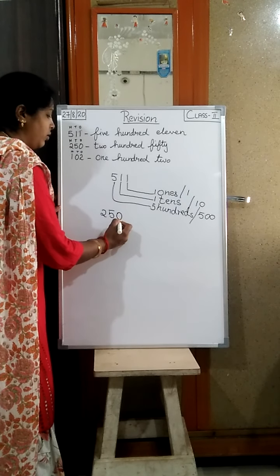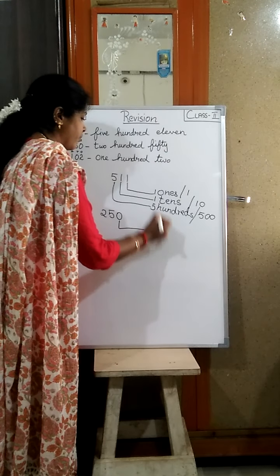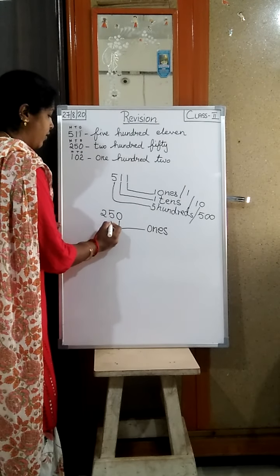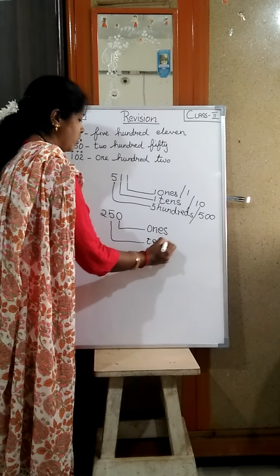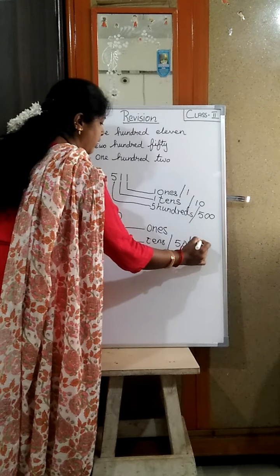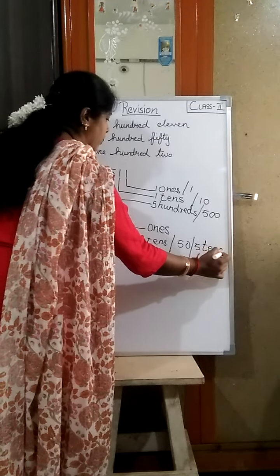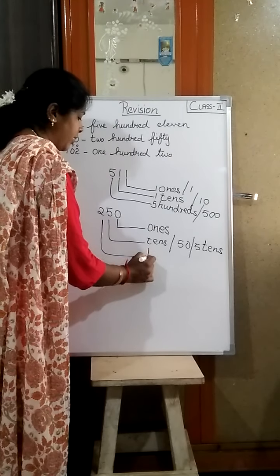250. So 0 is in ones place and 5 is in tens place. So 50 or 5 tens. Next, 2 is in hundreds place.